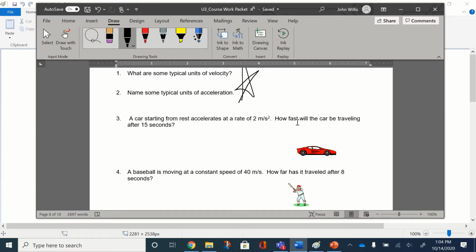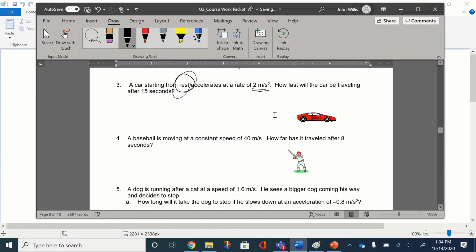For number 3, only a couple of things that I would encourage you guys to remember or recognize is the fact that if it starts at rest or comes to a stop at the end of its problem, then you know something about your initial and or final velocity. This is still an acceleration because it is a unit of speed divided by a unit of time, meters per second per second. Number 4, this phrase, really important: because you have a constant speed, means that your acceleration is 0, and it means that you get to use that really nice, neat, old equation that we used to have.